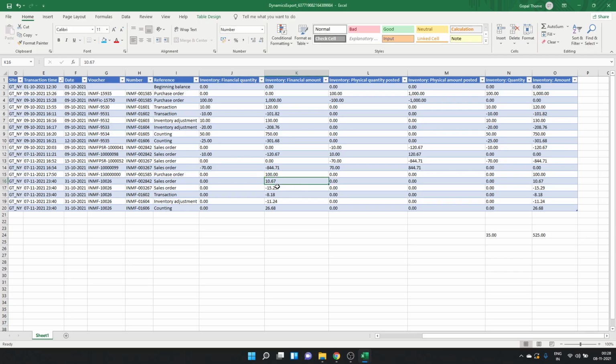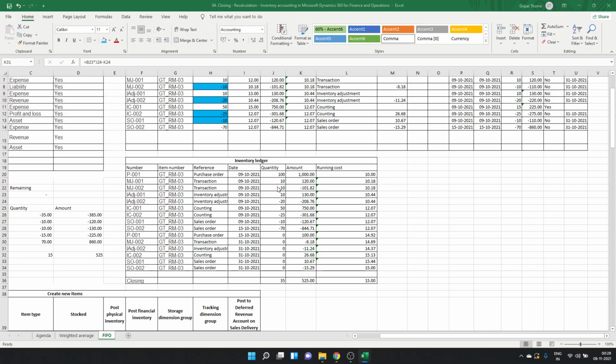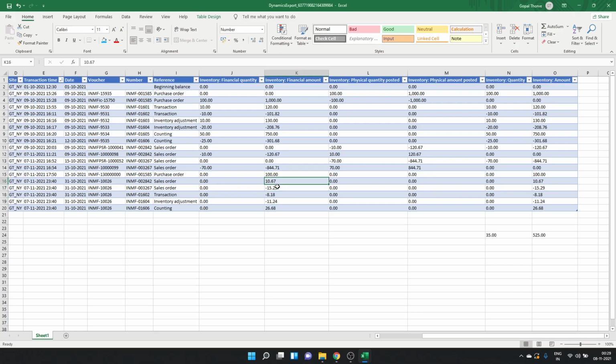So if you want to see, 8.18 is this transaction, and 11.24, 26.68, 10.67, and 15.29. Where is 15.29? This one. Okay, so the opening stock is 0, and rest all are my transactions. Okay.